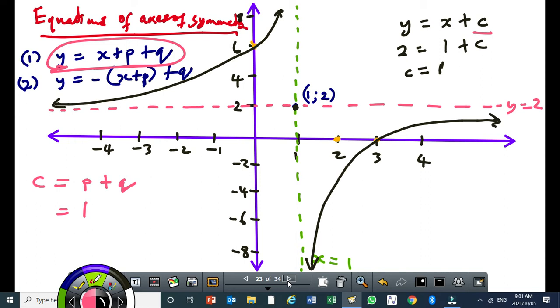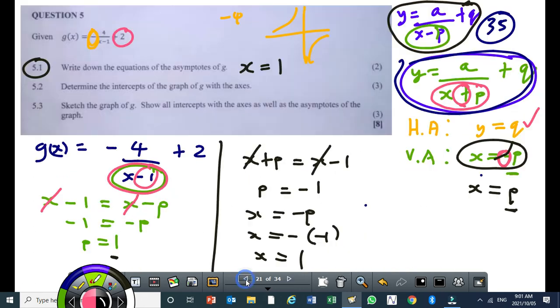Isn't P greater than 1? Okay, let's see. Maybe I'm using the incorrect general form. Oh, yeah, I'm using the incorrect general form. It's equal to minus 1 here. Please be aware that we have two general forms. I picked the P value for the top one, x minus P, instead of the bottom one, which I'm talking about, which is P equals minus 1.